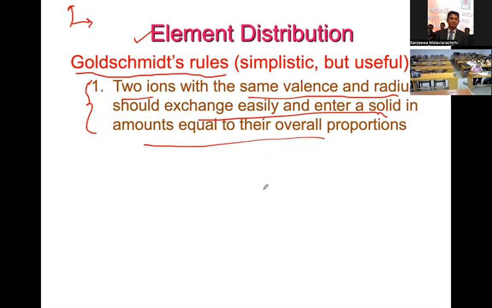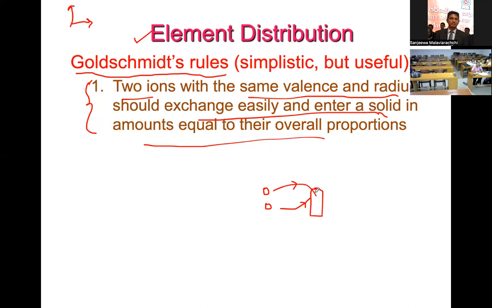That means if you have similar ions, in both size and charge, their fractionation is equal. The amounts entering either the solid phase or the liquid phase will be equal.